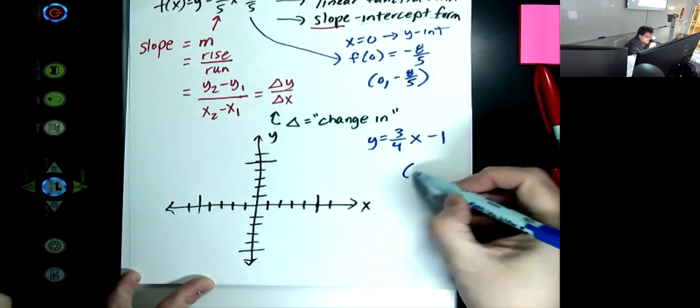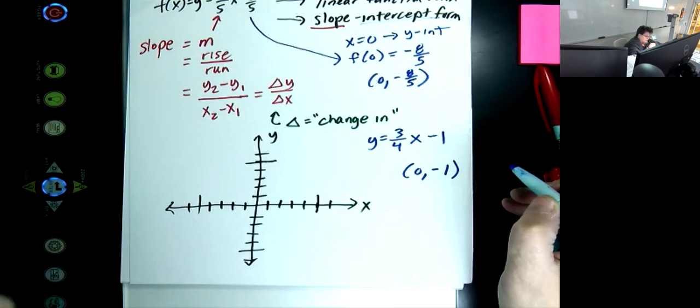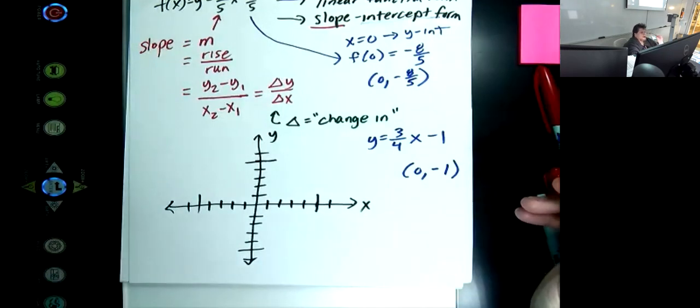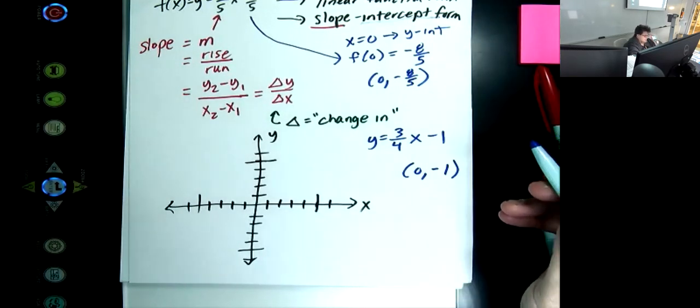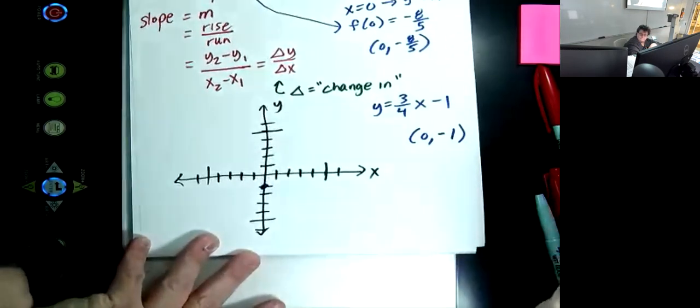When I have 0, the value of y is -1 here, which means we have a point at 0, -1, which is right there.